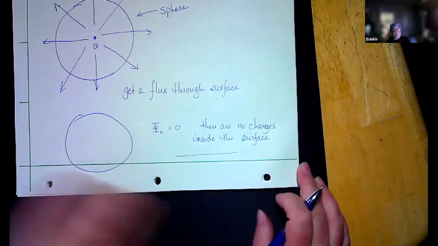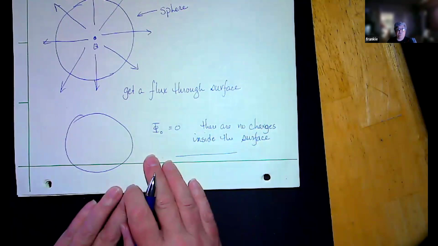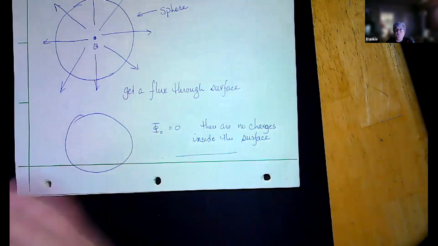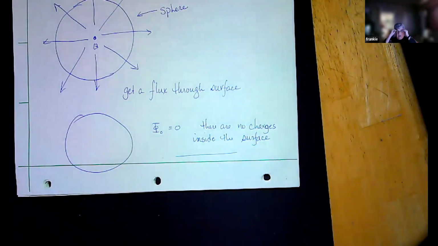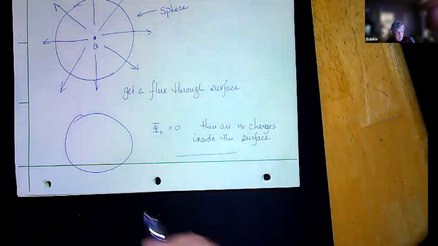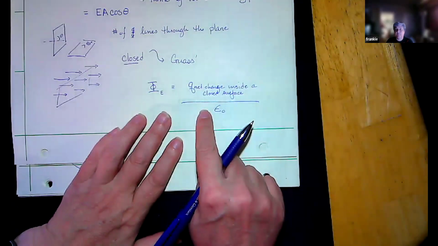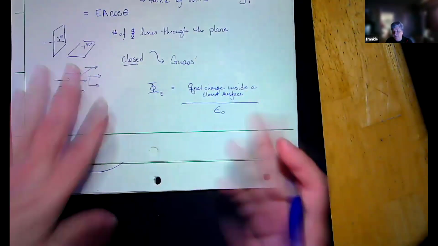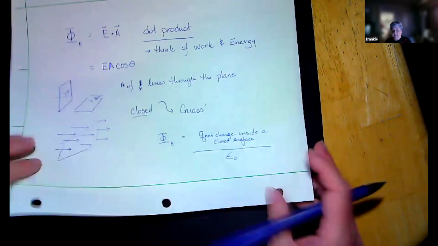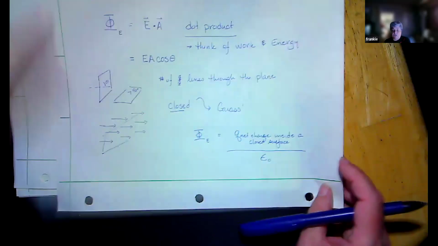So when you guys are doing your homework problems associated with flux, don't let it take you over the top. Flux is actually kind of an elegant solution because basically all we've got to do is remember this, and then we have to interpret that to give us some ideas about how charges are distributed on surfaces.